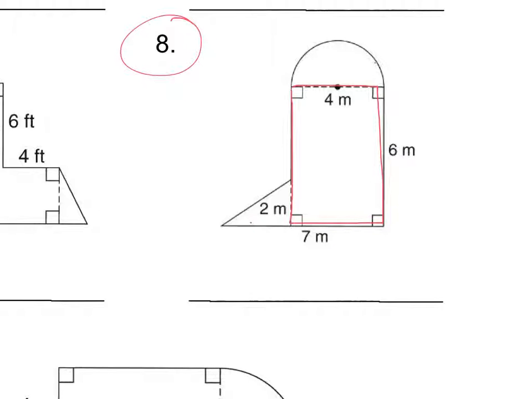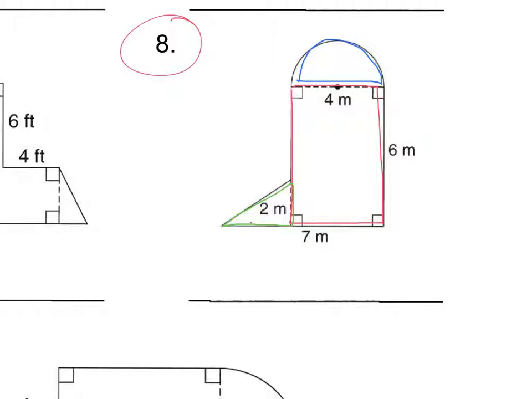I also know how to find the area of a triangle. And I see this semicircle up here on top, half of a circle, so I should be able to do that as well. So I've broken it up into 3 different shapes.